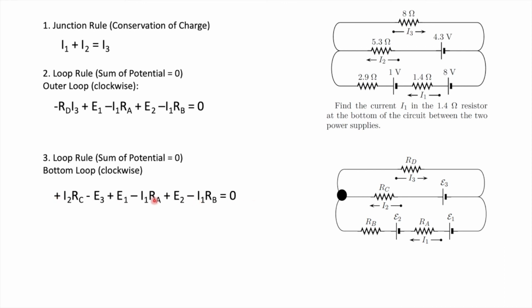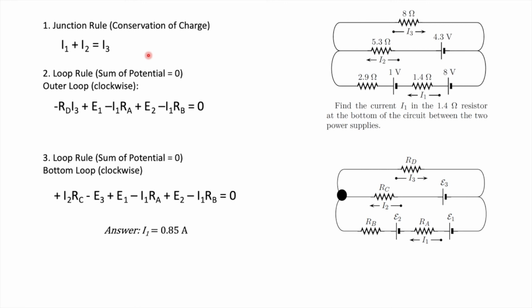Then you'll have either I1 or I2. You can isolate for I1 and I2 and substitute I1 from here and I2 from here back into equation 1 and write one equation with only one variable and solve for that variable.